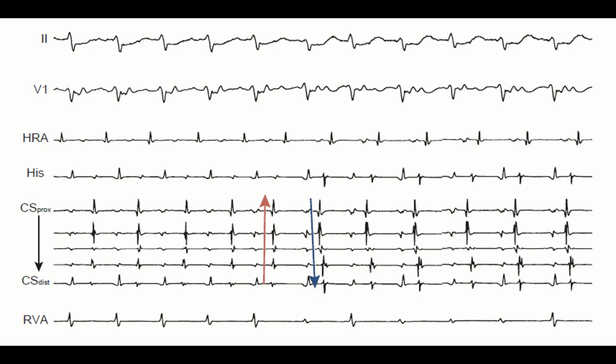Here we can appreciate a change in atrial activation sequence. This patient has 2 accessory pathways. The first one was a left lateral accessory pathway with earliest atrial activation at the red arrow at distal CS. Then suddenly a change in atrial activation sequence. The blue arrow shows earliest A at CS 9, 10.